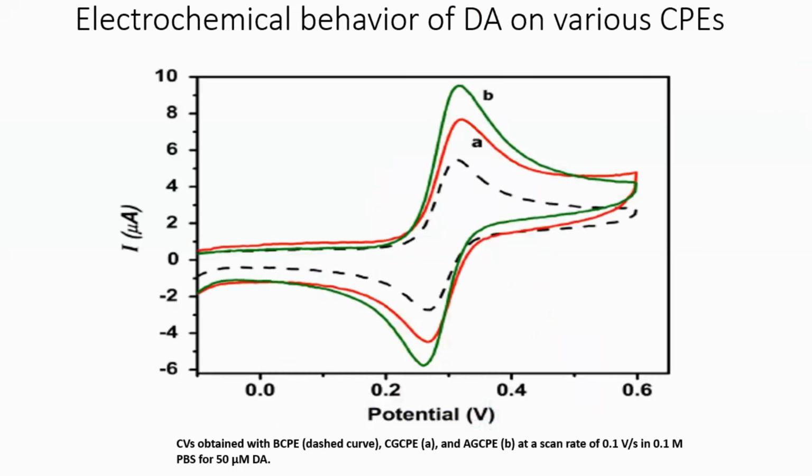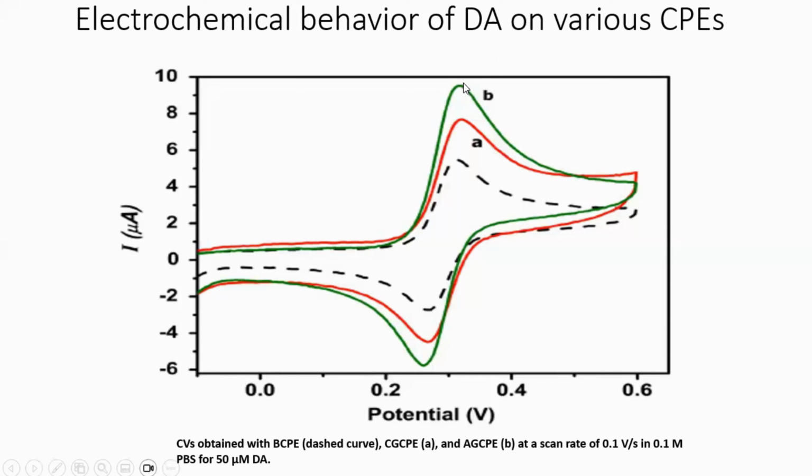So here we can see this is a typical bare carbon-based electron transfer process for the dopamine electron transfer. That means if I have a bare carbon-based electrode, how the dopamine redox reaction occurs here. But here, A is cytosine and B is the adenine.